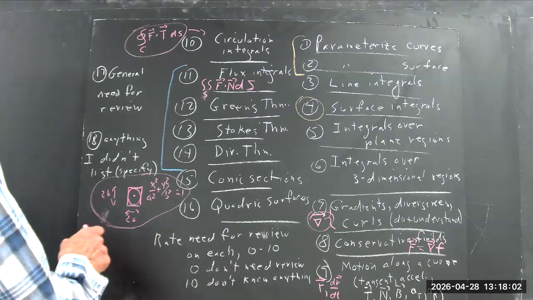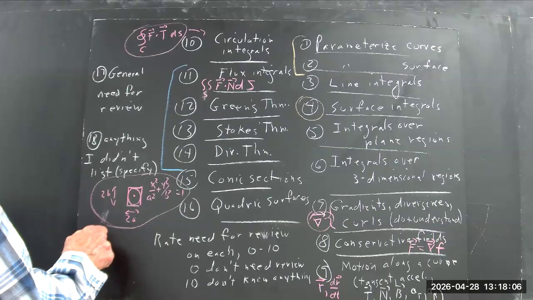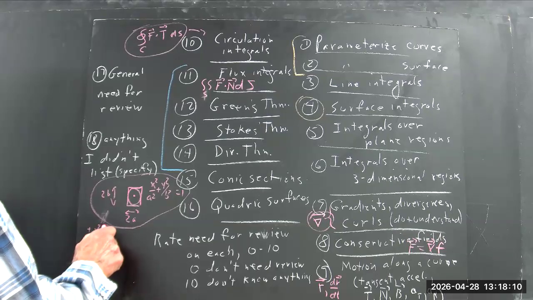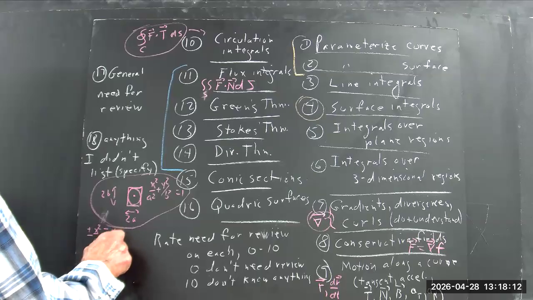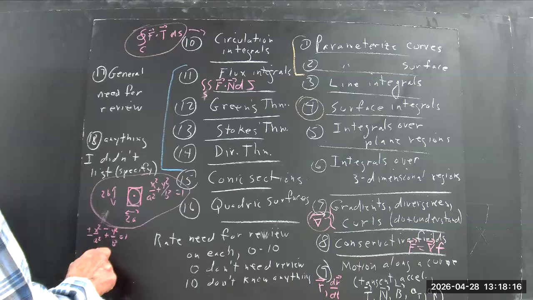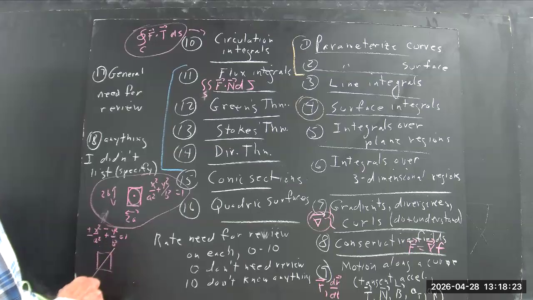Also, plus or minus x squared over A squared, minus or plus y squared over B squared equals 1. You've got a rectangle, same dimensions. You draw diagonals, those are the asymptotes.